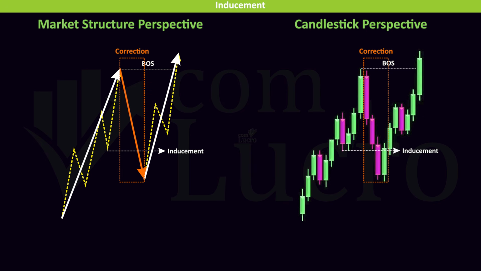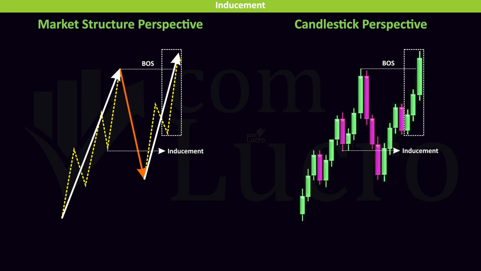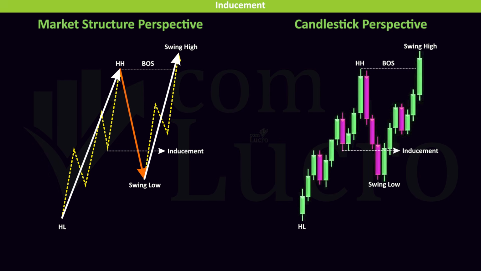Moving ahead, we can see that price attempts to push higher, but is unable to break the previous higher high. Instead, it forms an internal high, followed by a minor pullback to the downside, represented by a bearish candle. With increasing bullish strength, price then delivers a strong, impulsive move upward, breaking the previous structural resistance and establishing a new swing high.